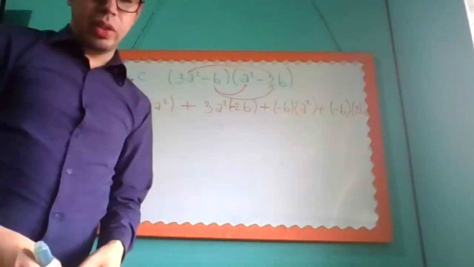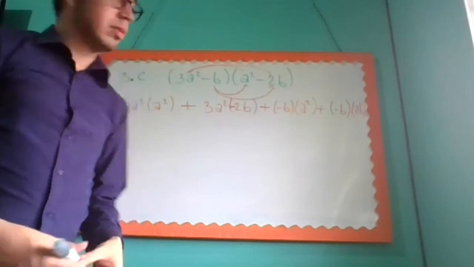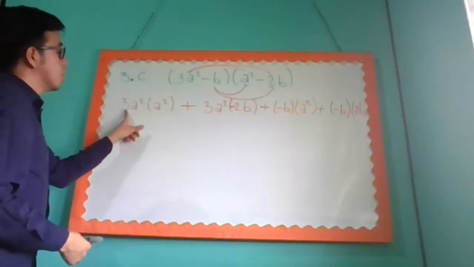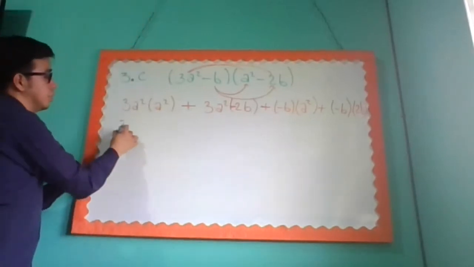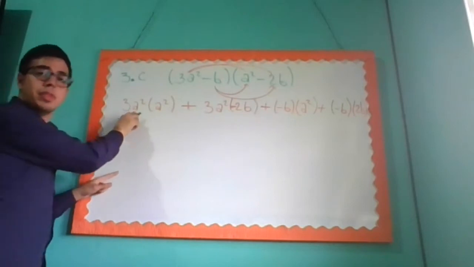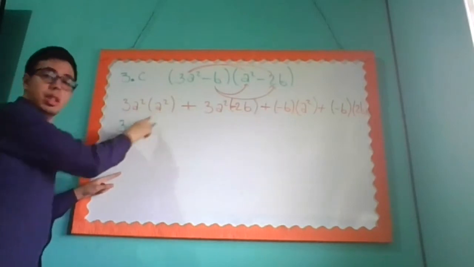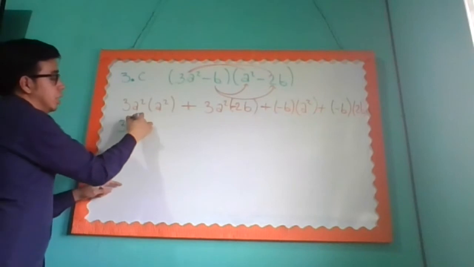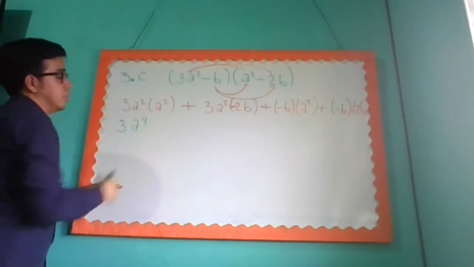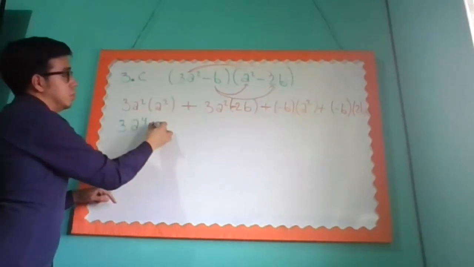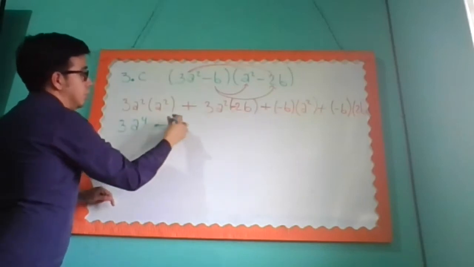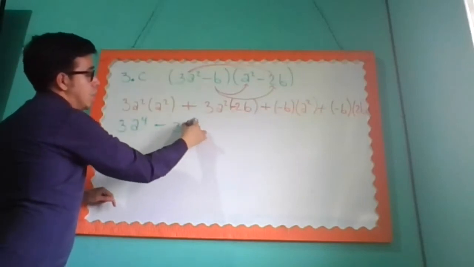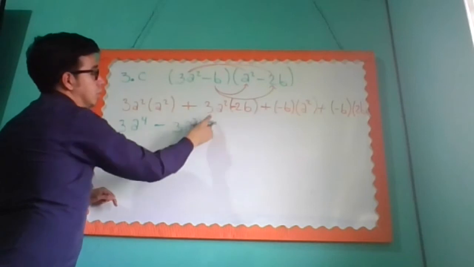Later we are going to need to add. 3a to the power of 2 times a to the power of 2 is going to be a to the power of 4, minus 3a to the power of 2 b.